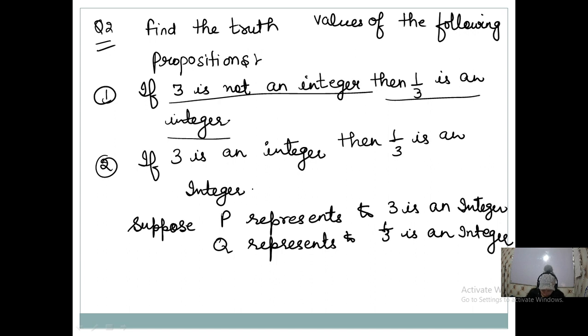In this statement 3 is not an integer, we can write here P is false and Q is false.